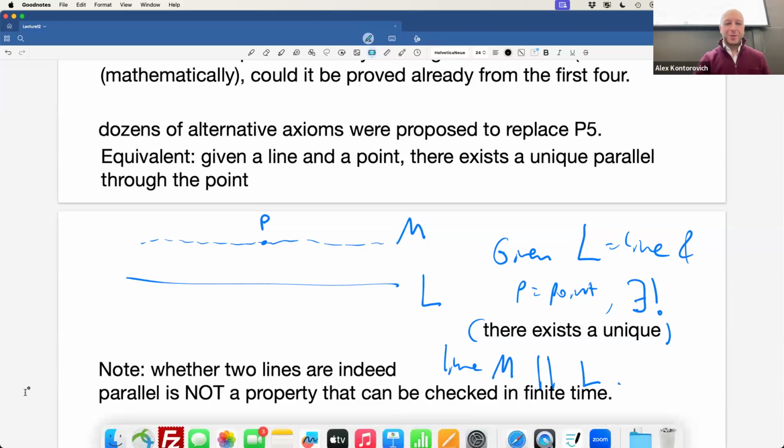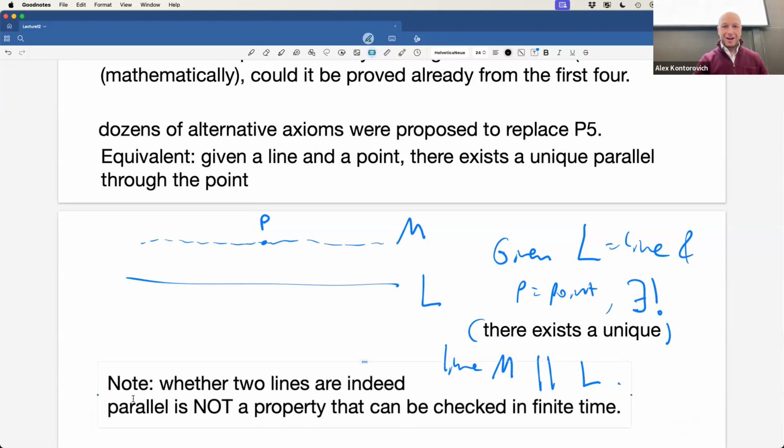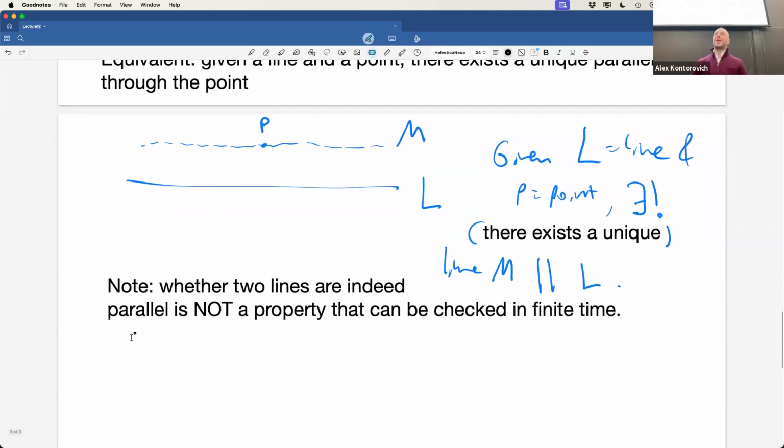You're absolutely right, that's a really good point. We do have theorems, but the definition of parallelism can't be checked directly.